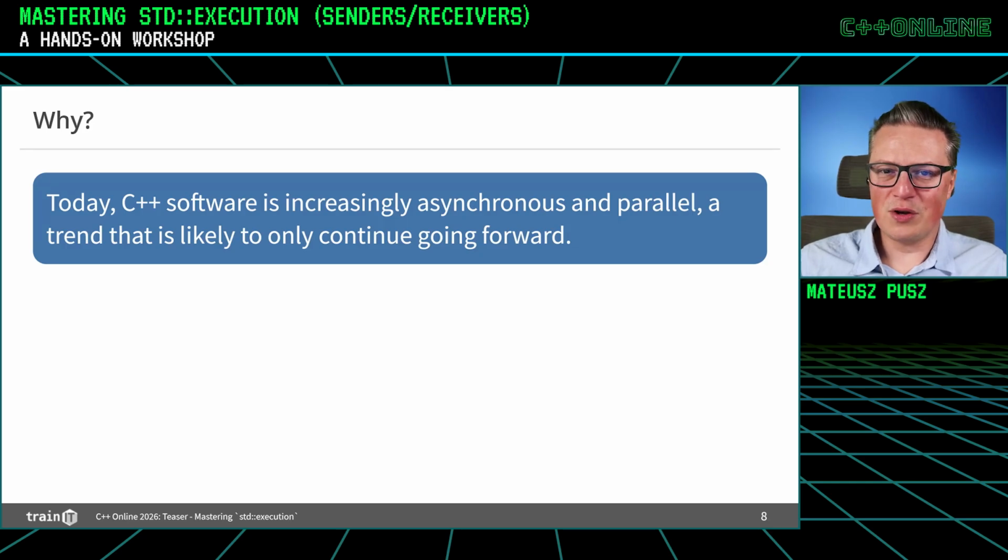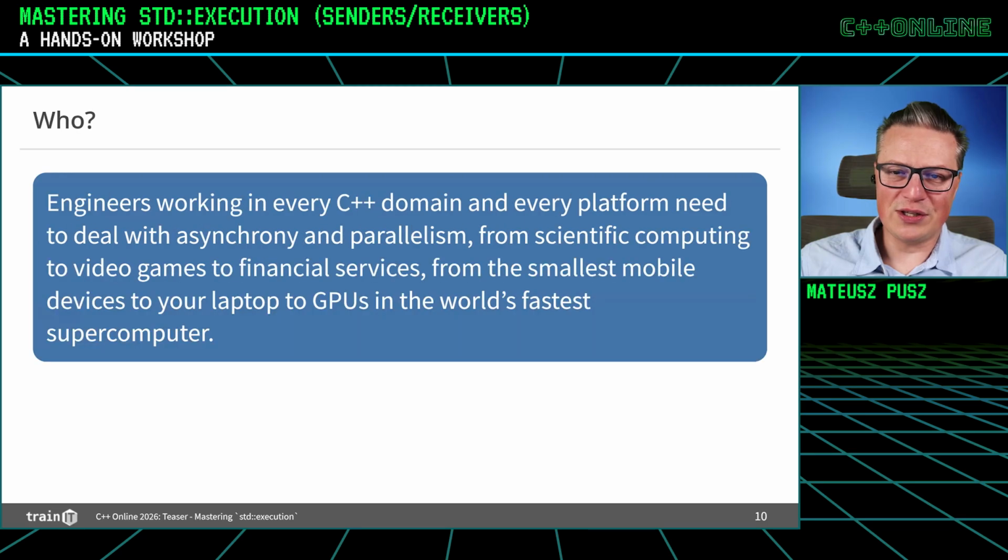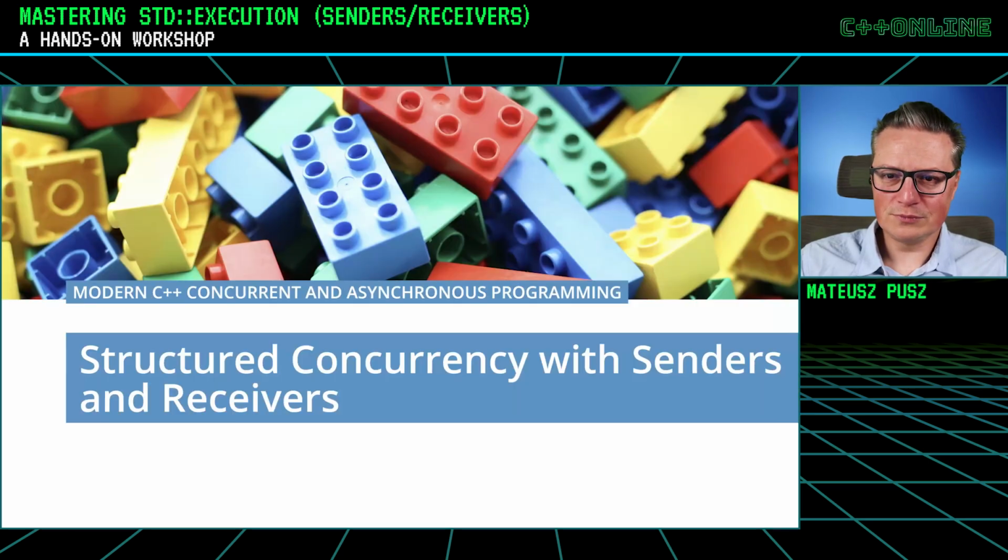Because of this, we are going into the concurrency, parallelism, and asynchronous programming world, which applies to all software right now, and affects every engineer associated with C++ or any other programming language in today's world. So this is crucial knowledge of how to deal with that.